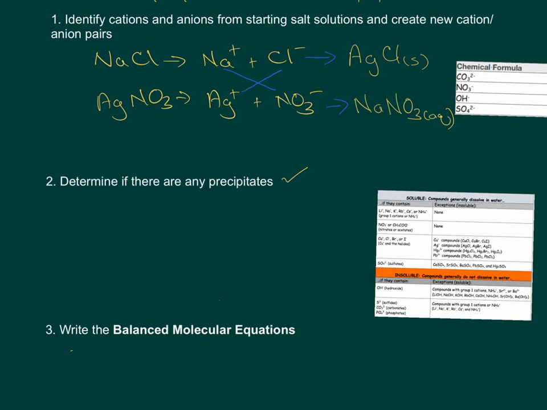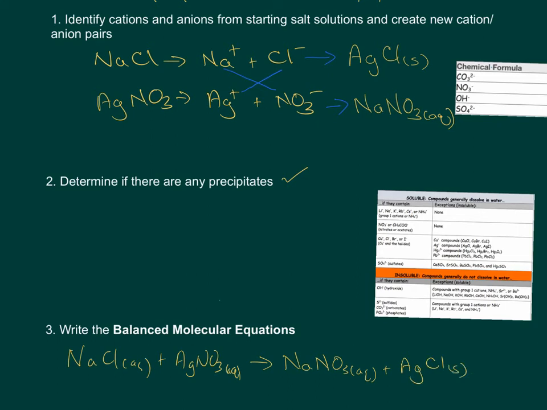So the balanced molecular equation just involves writing down our initial species, which are an aqueous solution of sodium chloride and silver nitrate, with our subscripts AQ, meaning they're aqueous, and they went to form an aqueous solution now of sodium nitrate plus the solid precipitate silver chloride.